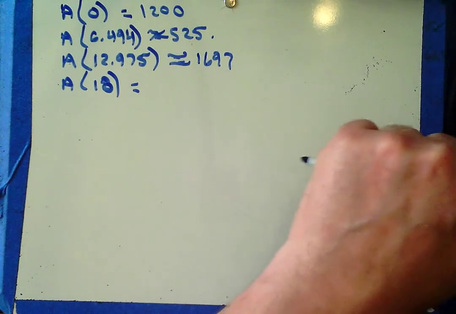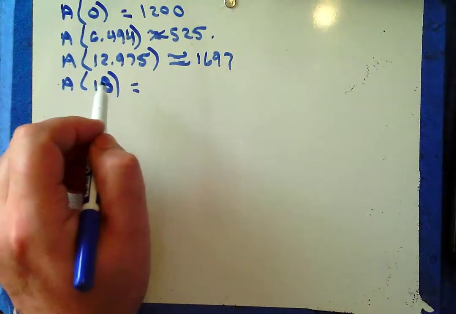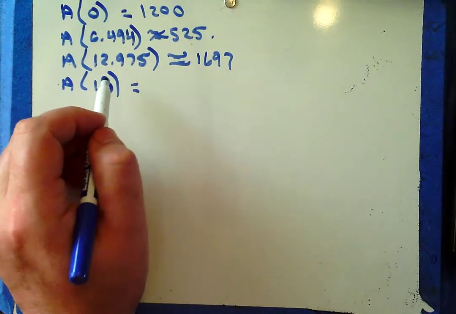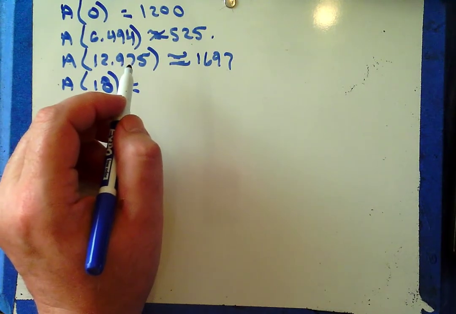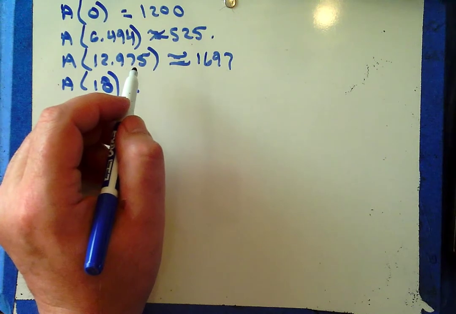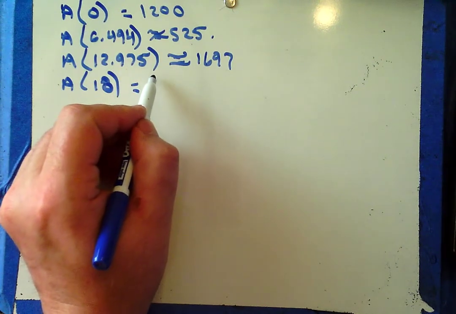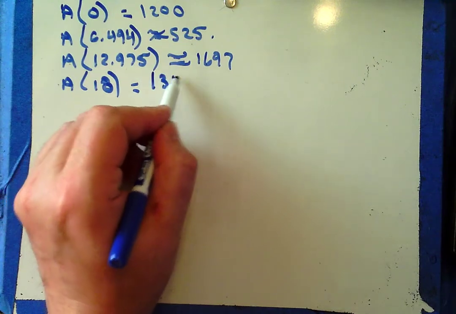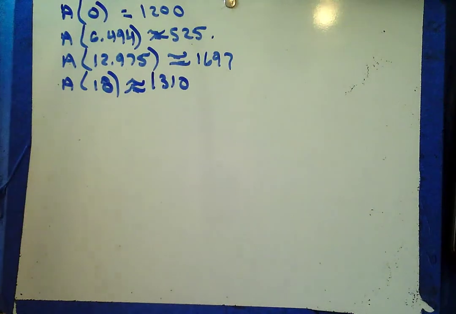And you may say, why do you need to use 18 again? Well, because I need the amount that's in the tank at the starting time for part D. Dough. I can't believe I dropped this out. Okay. Come on, little calculator. 1310. Oh, yes. Okay, and that's approximately. Great.